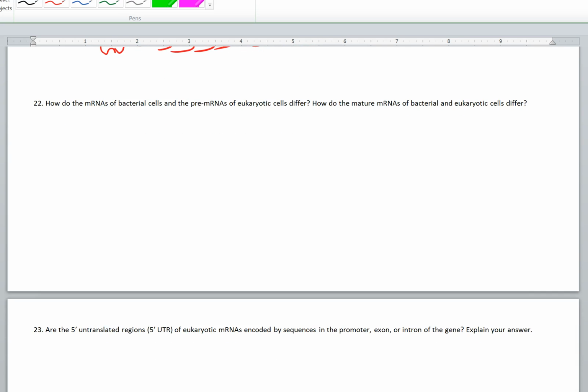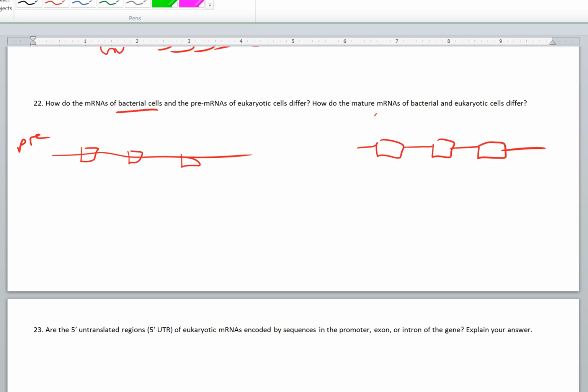How do mRNAs of bacterial cells and the pre-mRNAs of eukaryotic cells differ? How do the mature mRNAs of bacterial and eukaryotic cells differ? Well, bacterial cell, so these are bacteria. There's no cap. Well, this is pre-mRNA, so this is pre, and this is pre of the eukaryotes.